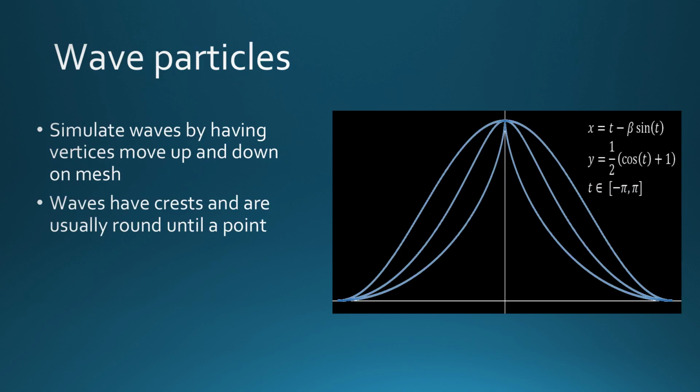This is just how the wave particles work. They're basically like vertices, they're values, right? And you model x and y based off of this equation. This b value is actually the roundedness or sharpness of the peak.